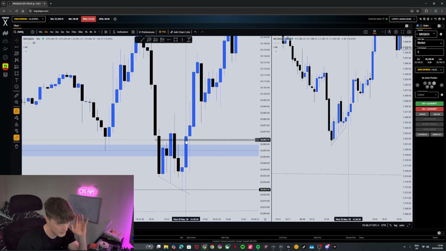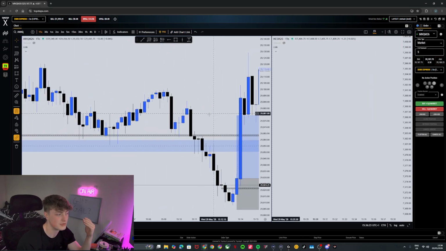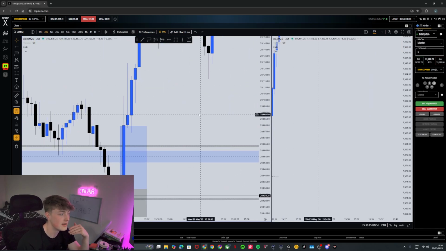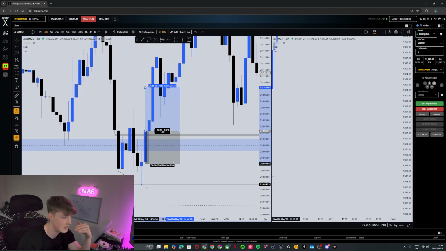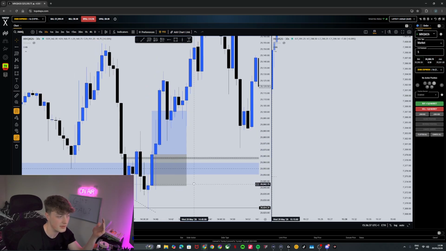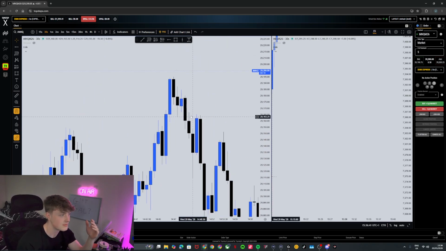Okay. And then we got the internal SMT after the sweep. Why did I fade it the second time? There was no gaps to inverse on the way up. Now, after reviewing this, we could have entered off of the re-inverse of the 30 second. However, with a 25-point stop, which is normally what we go for, we would have been stopped out within the next candle before it running like hundreds of points, right?